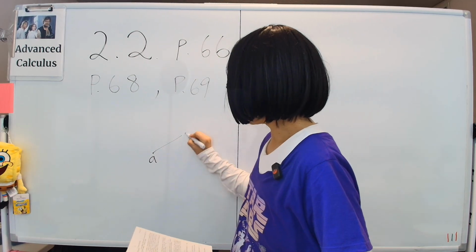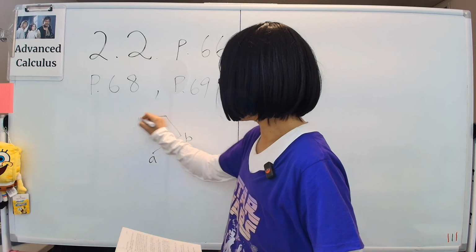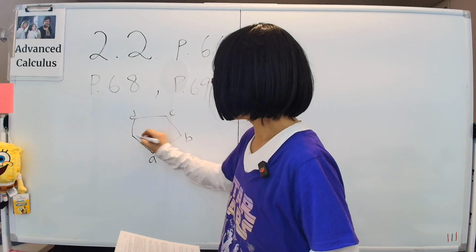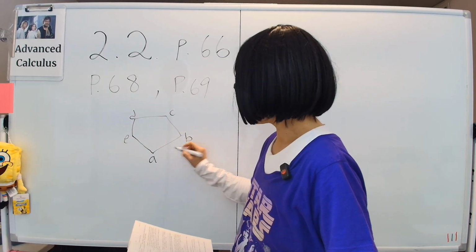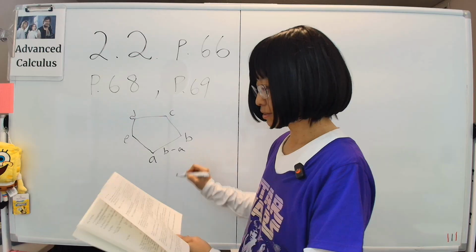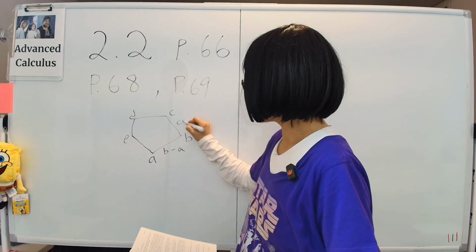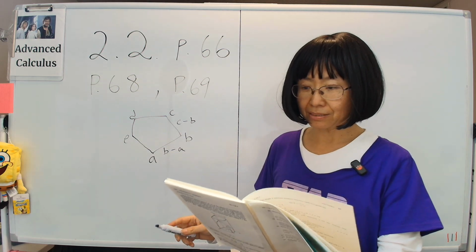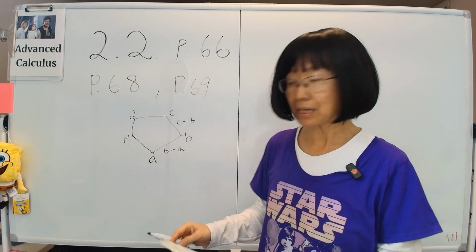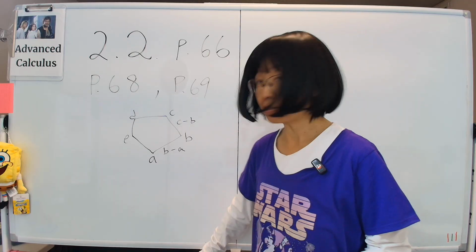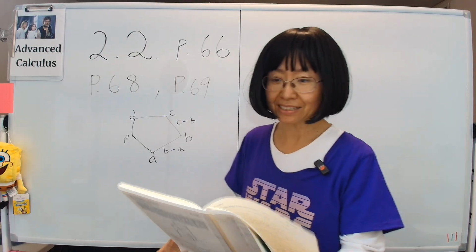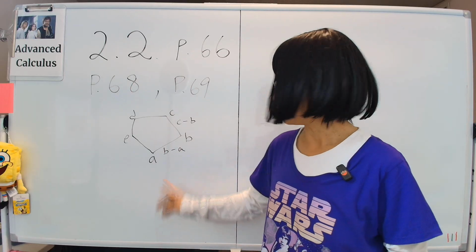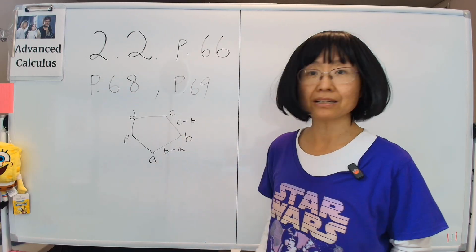This is vector A and B, and you keep going, and eventually C, D, E. Each section is called, for example, this is B minus A, and the next one is C minus B, because the vector is given as the final point subtracted by the beginning point, by rule B in the previous page.